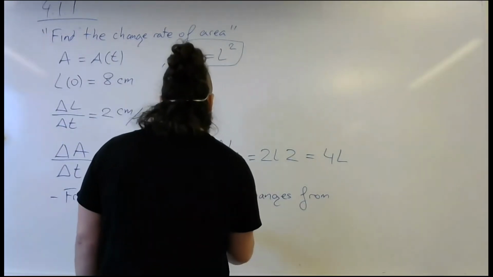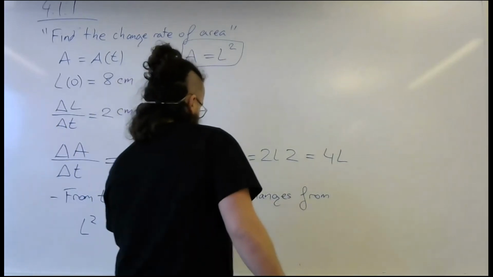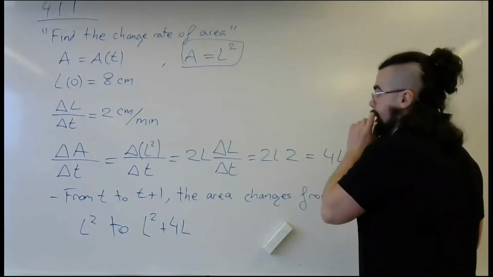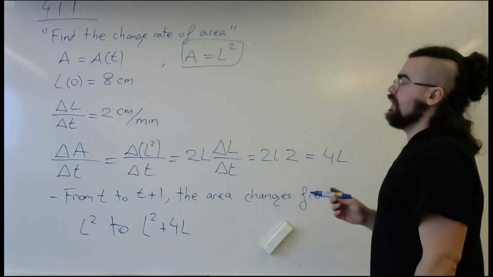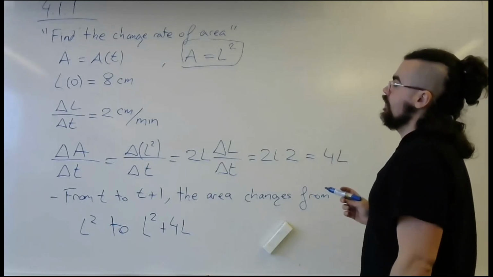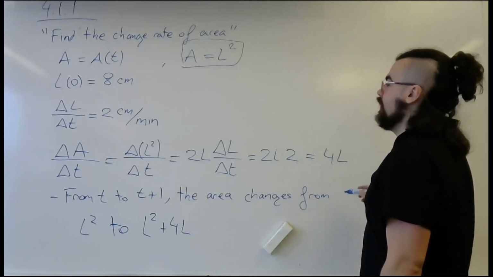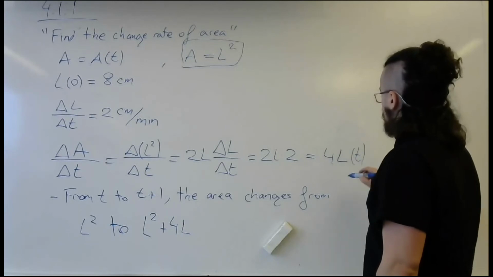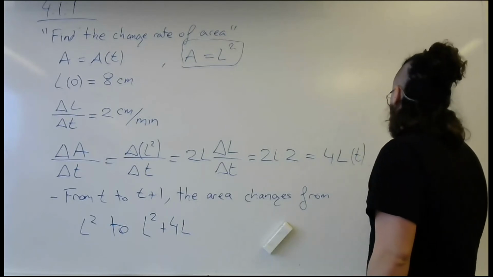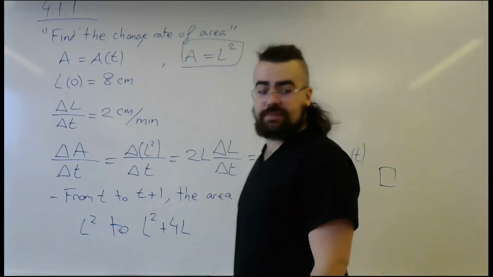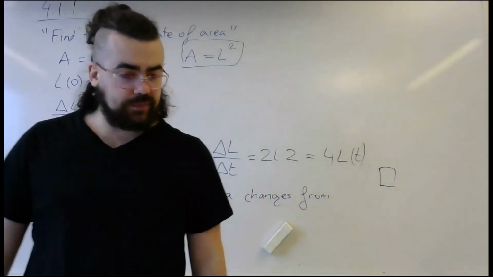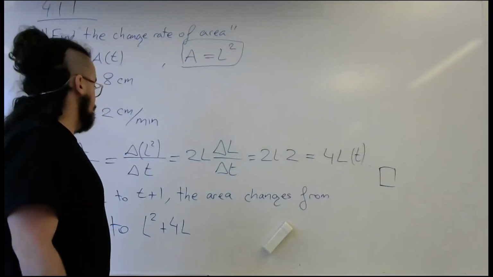So change rate. The change rate of this square at any given moment is actually the perimeter of the square. How did I differentiate?